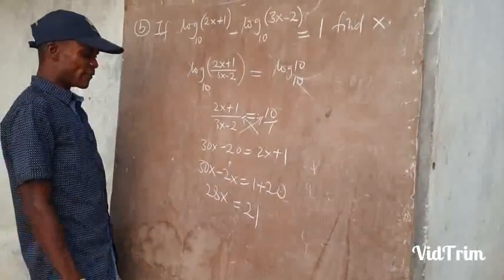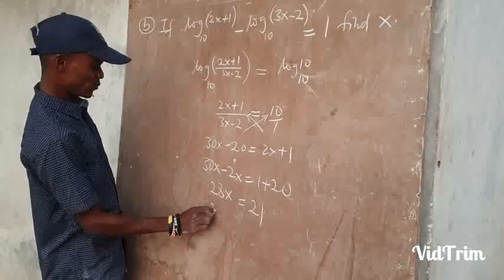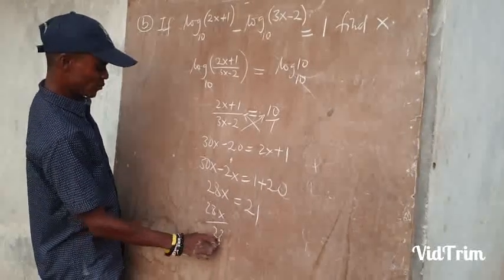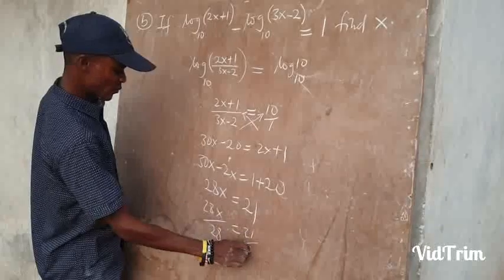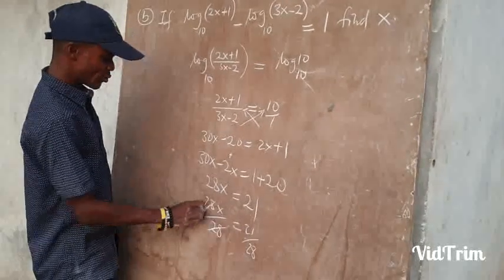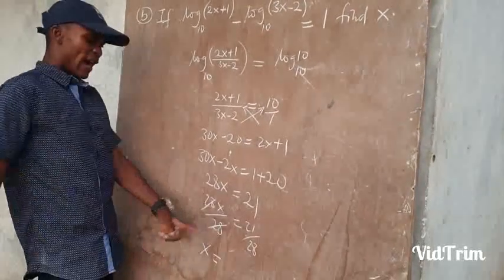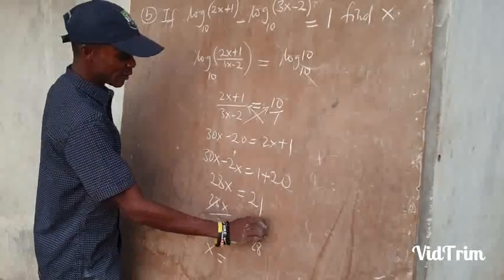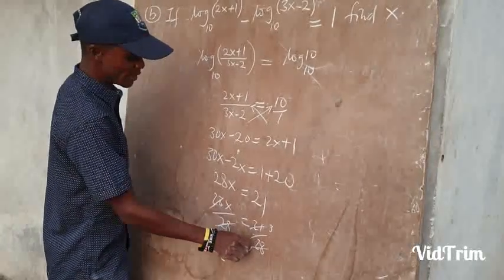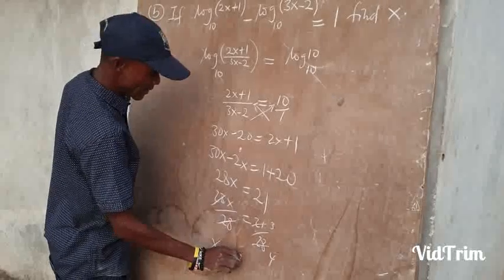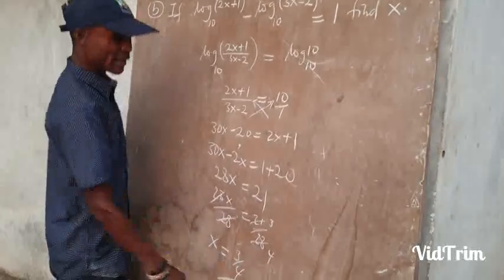For me to get x, I divide both sides by 28. This cancels. x becomes 21 over 28. 7 can go into 21 3 times. 7 can go into 28 4 times. So the answer is 3 divided by 4. That is the answer to that.